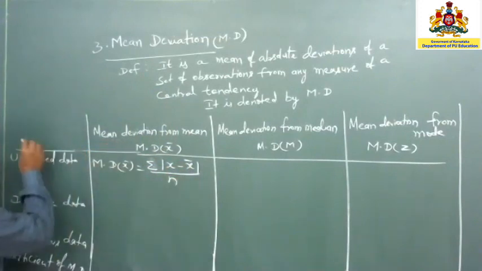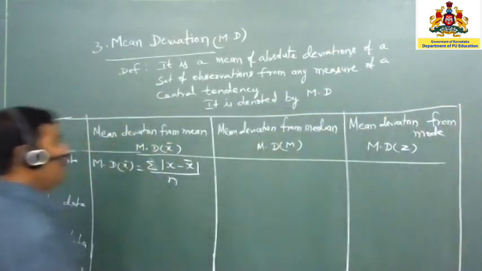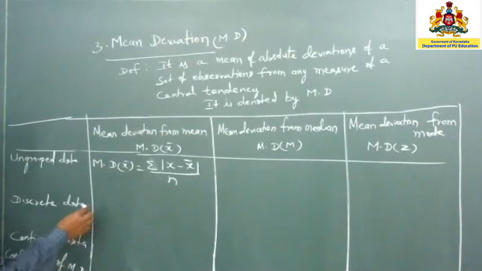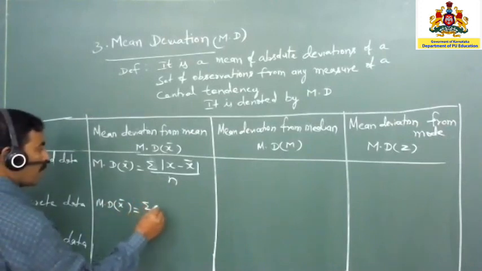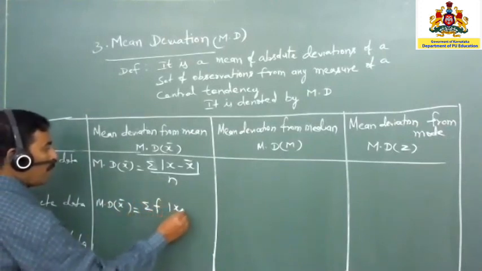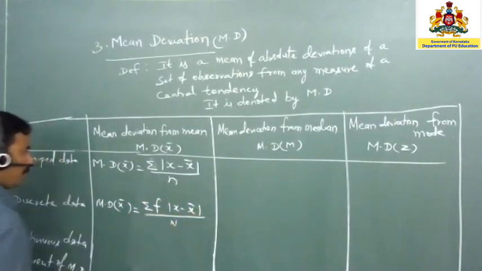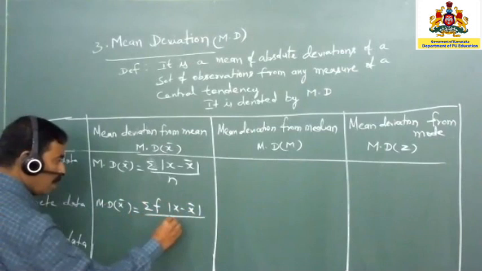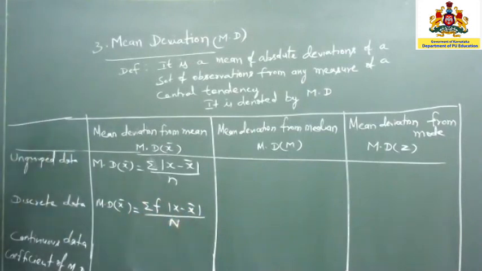For mean I'll complete first. Mean deviation from mean in case of discrete data, same formula: numerator f into modulus of x minus x bar by capital N, where x is variable, N is total frequency, f is class frequency.